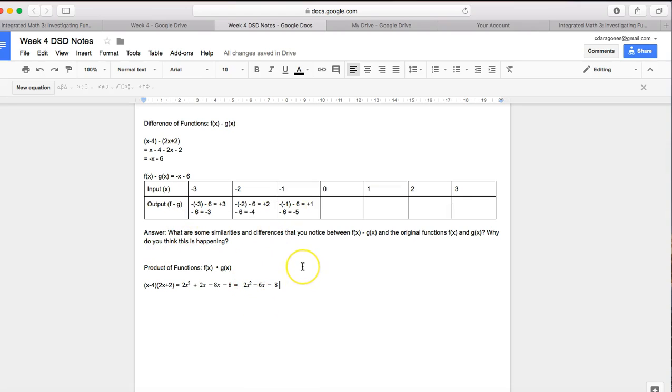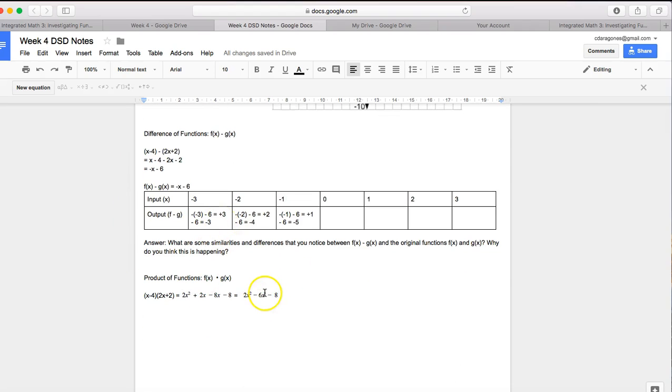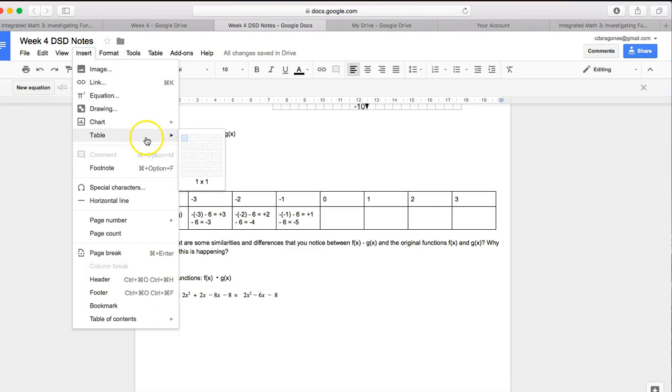It's okay if you don't know how to graph this. You can always do a table of values. So that's what I'm going to do for this. But I want you to graph this function, this product of your two functions. So I'm going to do an example by doing a table of values.